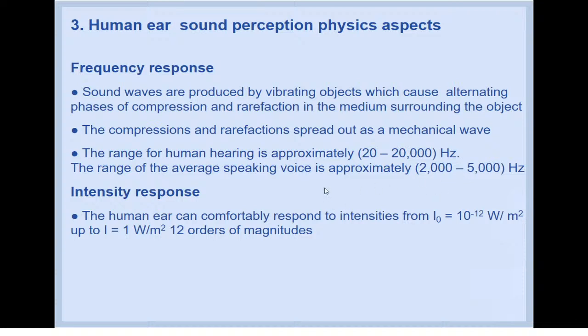And the intensity response: the human ear can comfortably respond to intensities from this, the threshold of hearing, the lowest intensity that is required for hearing, up to 1 watt per meter squared, so it is 12 orders of magnitude larger.